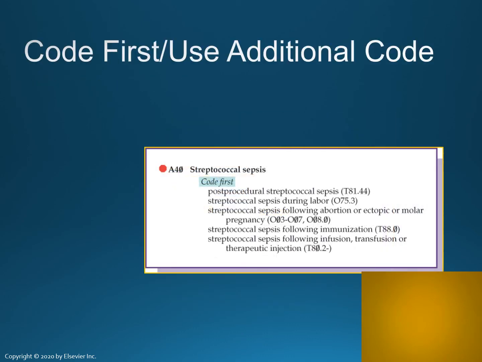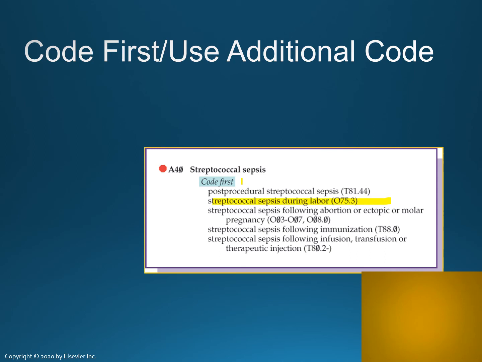The code first and use additional code. Code first has to do with, for example, look in this right over here. This category is streptococcal sepsis, and it's telling us code first. For example, let's say it's a streptococcal sepsis during labor.